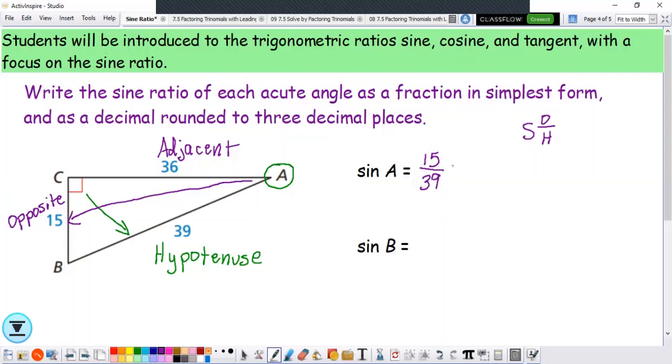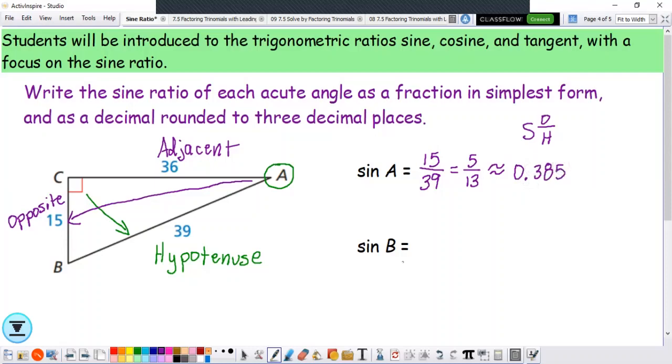Simplest form of this ratio, I can divide both the numerator and the denominator by 3. This reduces to 5 over 13. And then as a decimal rounded to 3 places is 0.385.